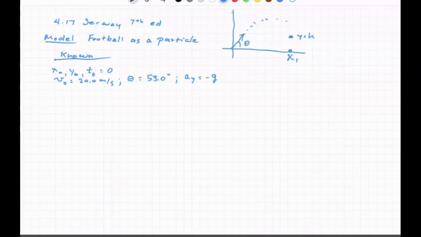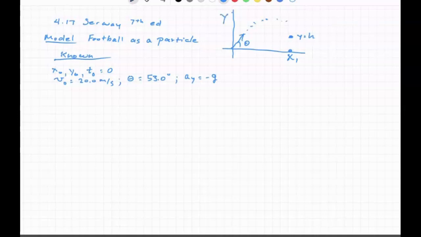So when we work this problem, we'll model the football as a particle. And we visualize its motion with the figure to the right, where I've drawn y as a function of x.